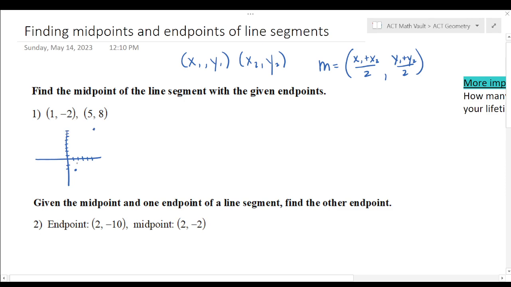Here's the other one. Okay, so that line segment looks like this. We have to figure out where approximately is that dot. Well, it kind of looks like it's at 4, 3. Problem is you really need to know the exact point in some situations.